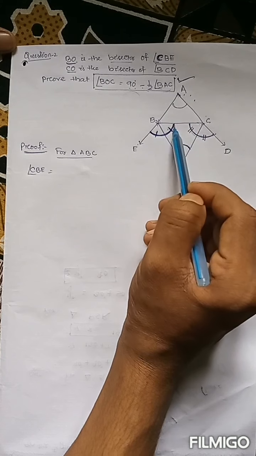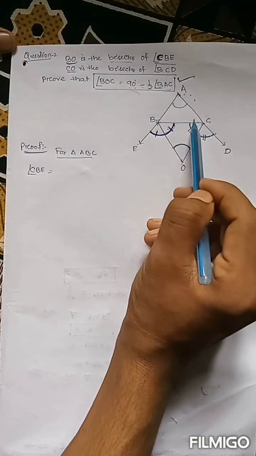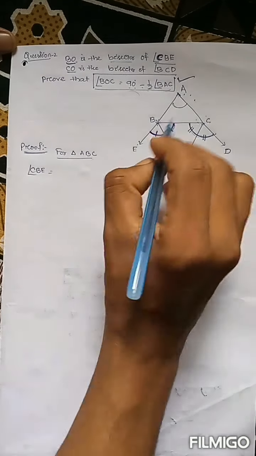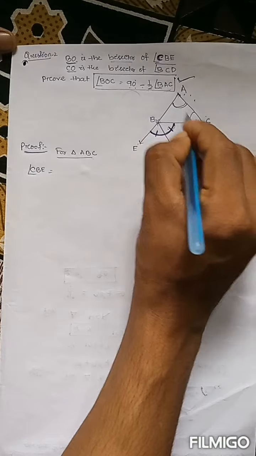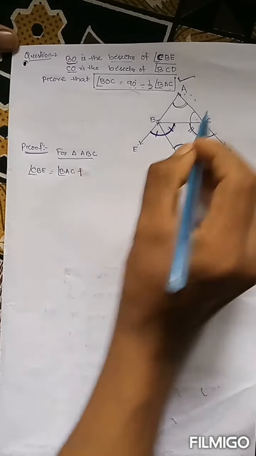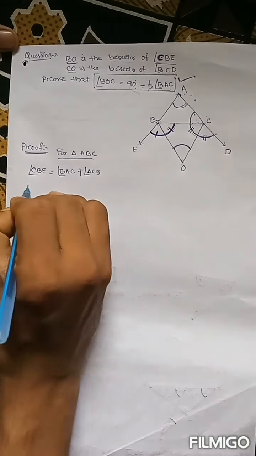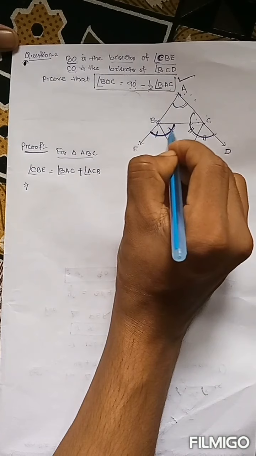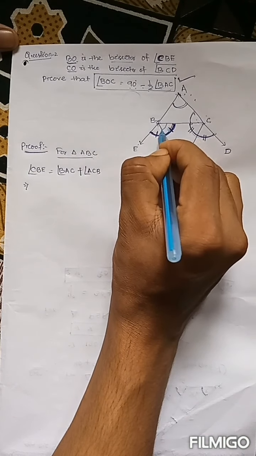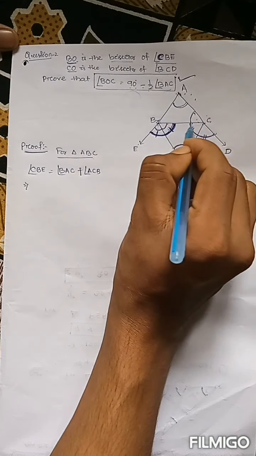So CBE is equal to this angle plus this angle, because these two angles are interior opposite angles. This angle means BAC plus this angle means ACB. Now the total angle CBE can be written as this small angle plus this small angle. Yes or no? Yes. This small angle means CBO.